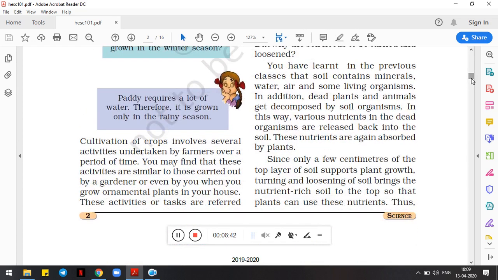When they are cultivating crops, what are the steps you must have seen? In our school, you must have observed the opposite field, what they do. What they do first is, yes, they first plow the soil. Why do they plow the soil? To make it loose.